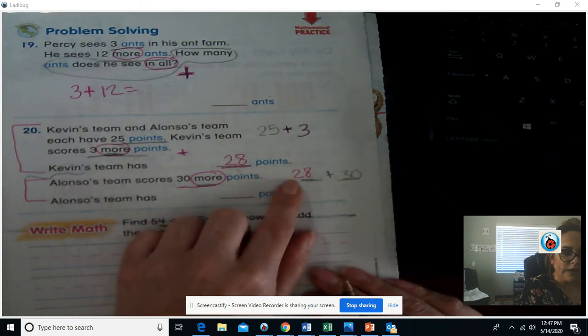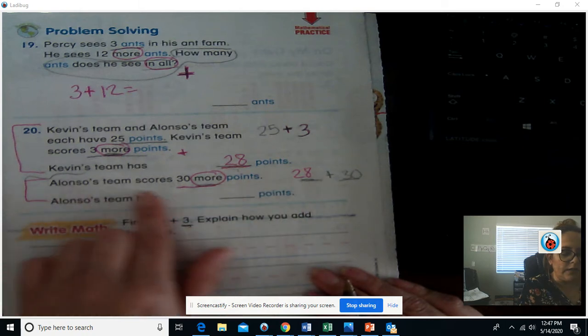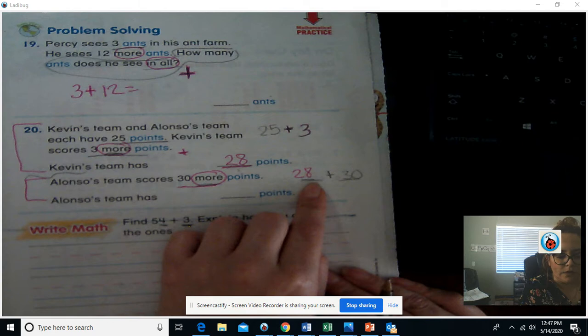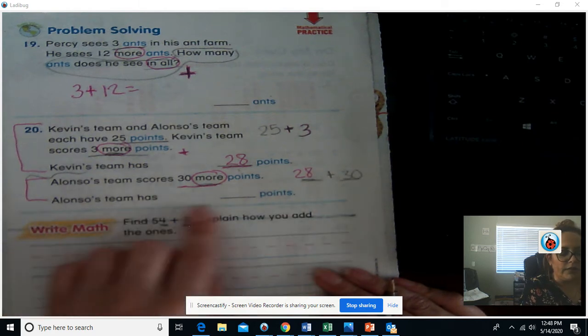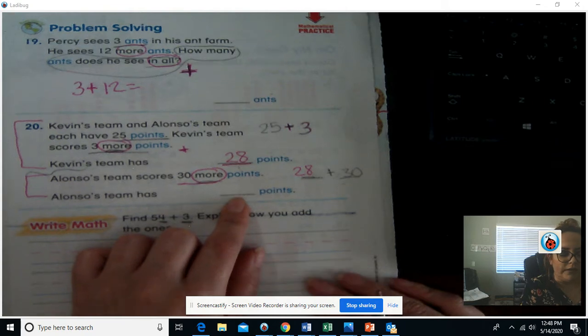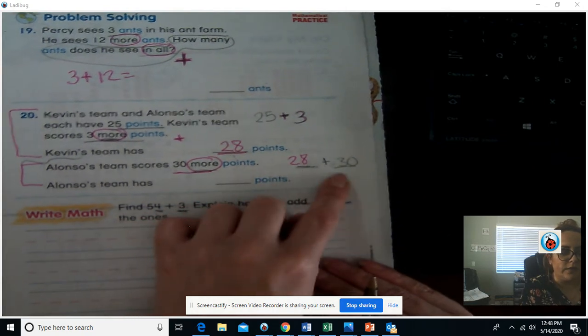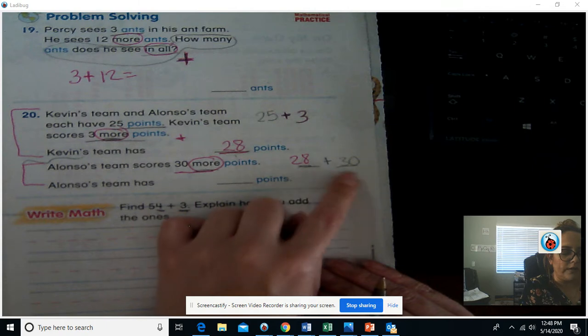Kevin's team has 28 points, but then Alonso's team goes and scores 30 more points. So now we have 28 plus 30. We need to find out how many points Alonso's team has now. He has 28, but he has 30 more. He has 30 more than Kevin.